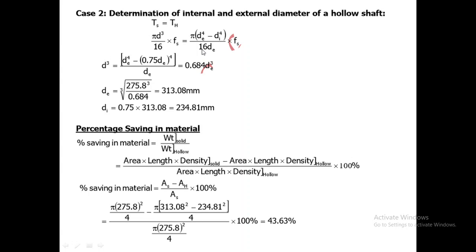Coming to the hollow shaft again, the torque transmitted will be the same as for the solid shaft. Using that concept, Ts is equal to Th. Ts we just found out, and you will equate it with the torque of the hollow shaft. Here we'll get an equation with respect to dE and dI, the diameters.